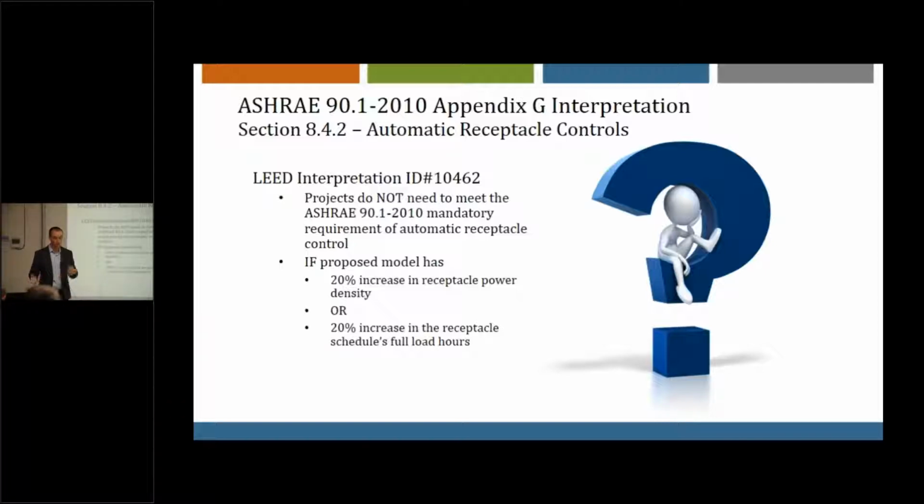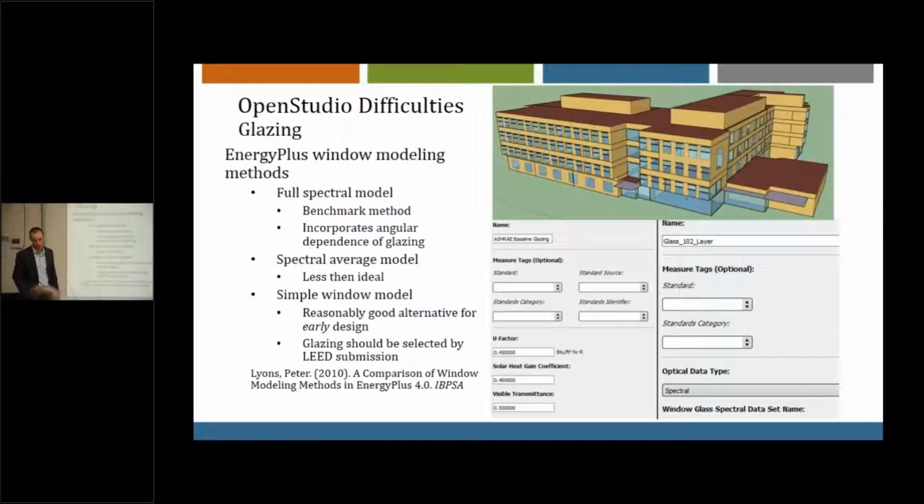They're showing 20%, so in your proposed you have to have a 20% increase in the schedule or the load on the plug loads. I don't know where they got that 20% number from, but they are allowing you to do that for some reason if you have an owner who is refusing to put in occupancy controlled plug loads.